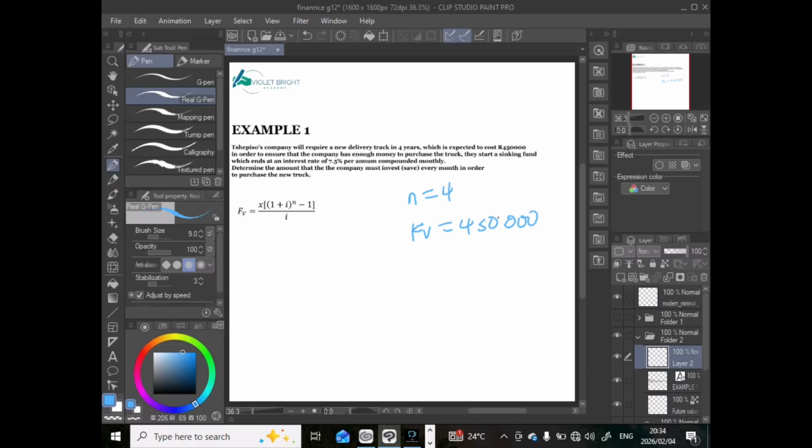So because we need the truck in 4 years, we're opening a sinking fund. Remember, what is a sinking fund? A sinking fund is basically an account that we are opening now. Let's suppose we have a particular machinery or vehicle or equipment in the company, and we know that in 4 years this particular vehicle, machinery or equipment will be at book value, ne?